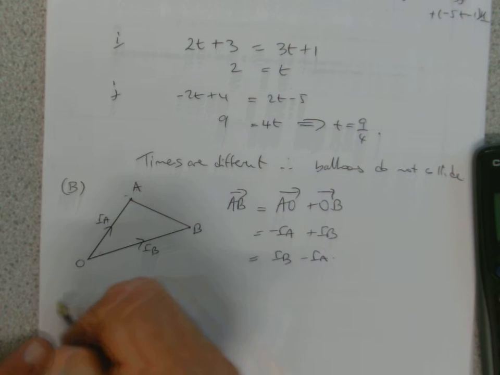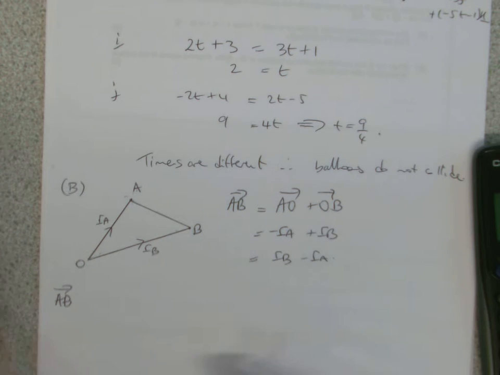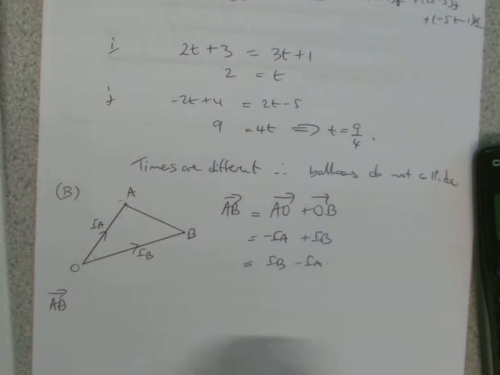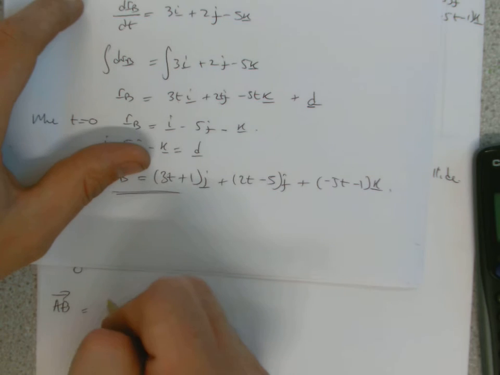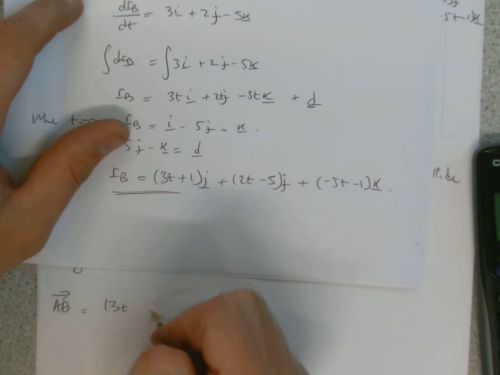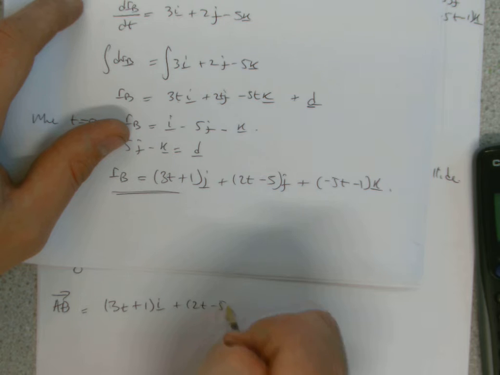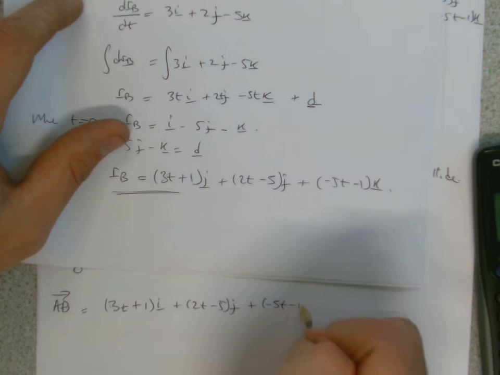So if we work that out, we'll work out AB by doing this, RB take away RA. So I need to go back to find out what my RA was equal to, and my RB was equal to. So my RB down here: 3t plus 1 i, plus 2t minus 5 j, plus minus 5t minus 1 k.